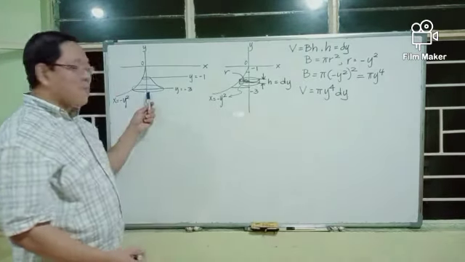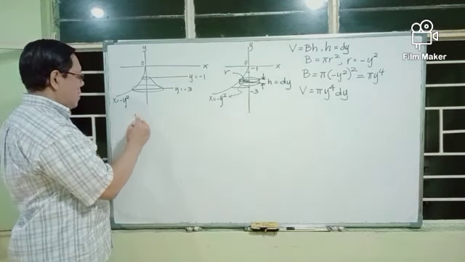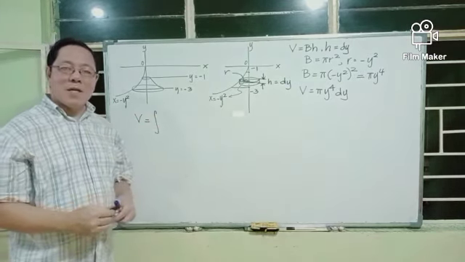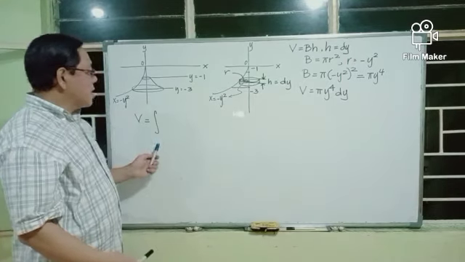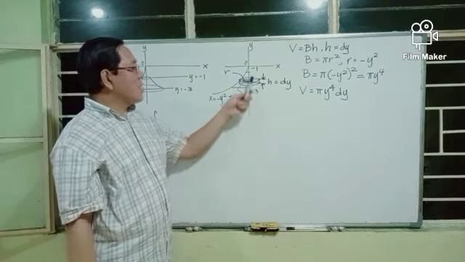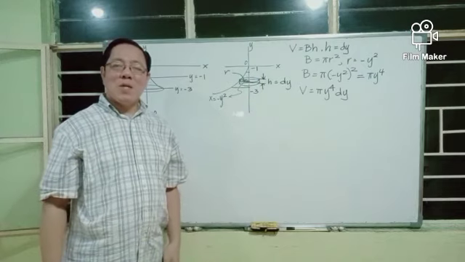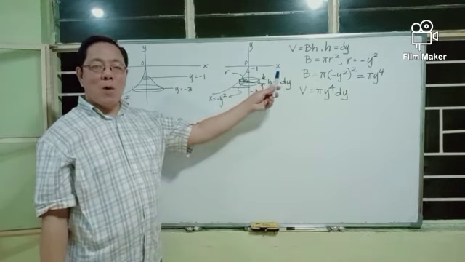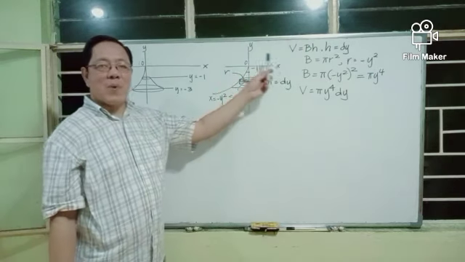The volume now of this solid by integration is the integral from negative 3 to negative 1. Again, when you set the limits on the x-axis, you always start from left to right.